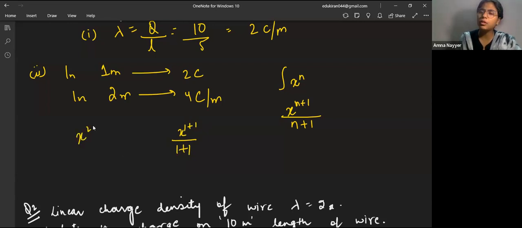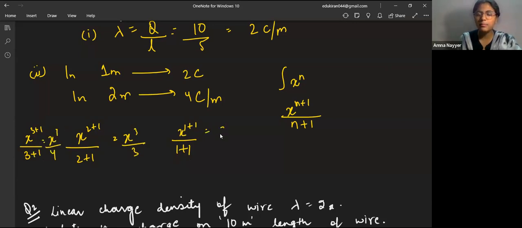Suppose x to the power 2 is there, add 1, divide by 2 plus 1. X to the power 3 is given, add 1, and divide the entire term by the new power, 3 plus 1. So that's how we write x to the power 3 by 3, x to the power 4 by 4. This became x square by 2. Now clear?